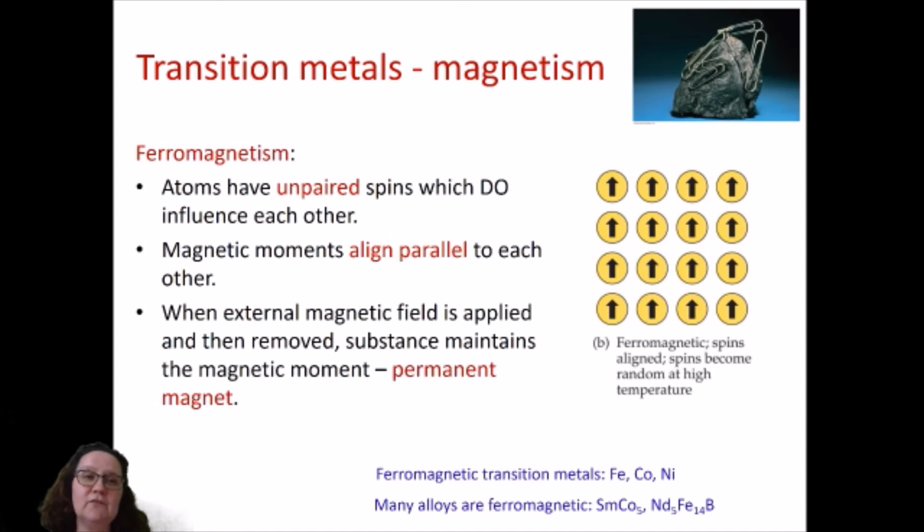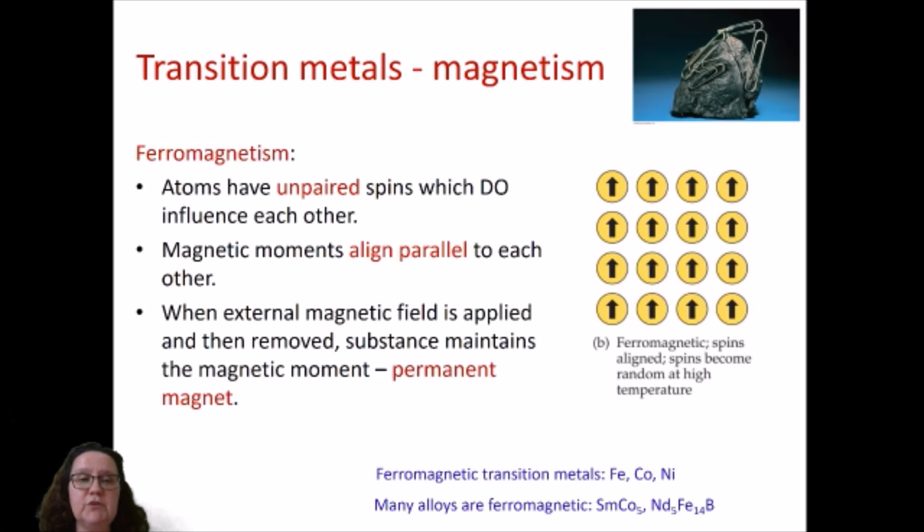You can also have a ferromagnetic substance. A ferromagnetic substance is made of atoms that have an unpaired spin, which do influence each other. When you put on an external magnetic field, those tiny bar magnets, those magnetic moments, align parallel to each other and parallel to the magnetic field. And when you take away the magnetic field, the substance maintains that magnetic moment.